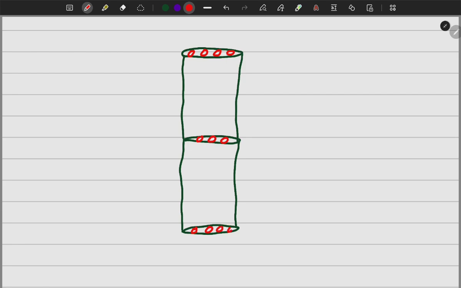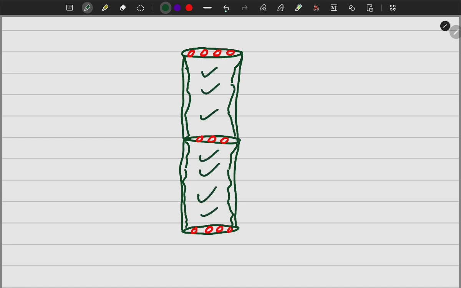These are called sieve plates. So that is how a long tube of sieve tube connections will be formed inside the plant. And the cytoplasm is peripheral. That means the cytoplasm is only present at the side and it does not take much of the space. Much of the space is the central vacuole through which the water will pass.